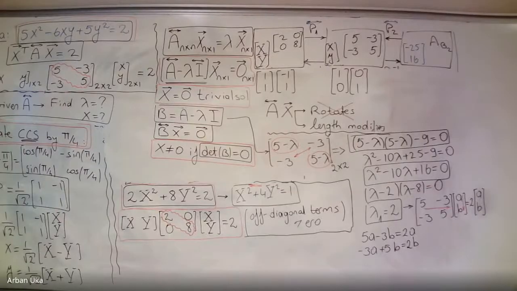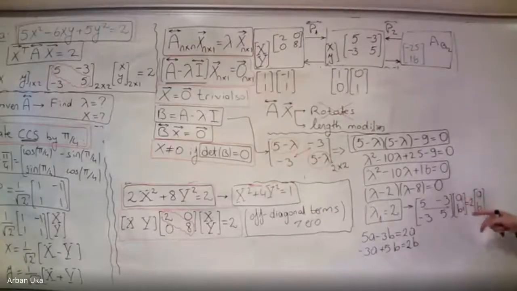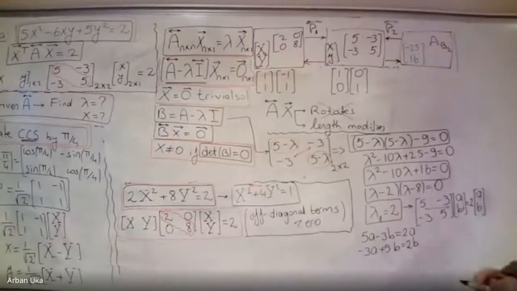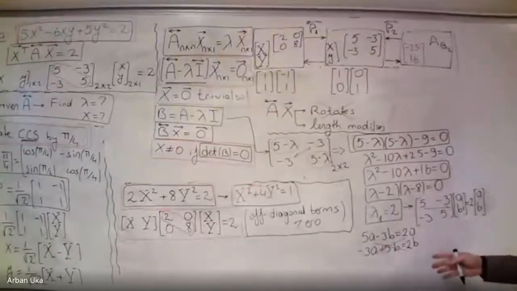Now, how many unknowns do we have here? We have two unknowns, a and b. How many equations do we have? Still two? No. Well, it looks like two, but let's look carefully at how they look.